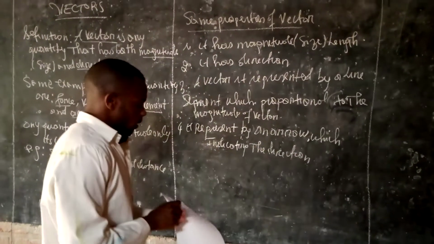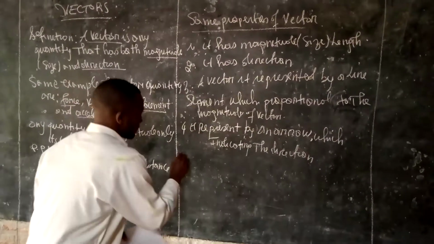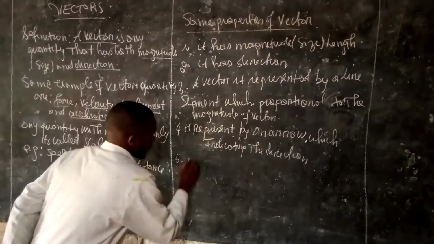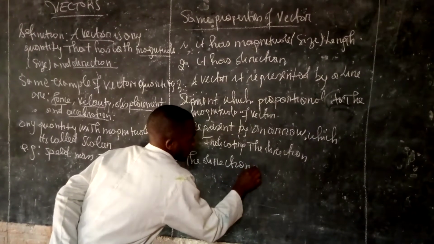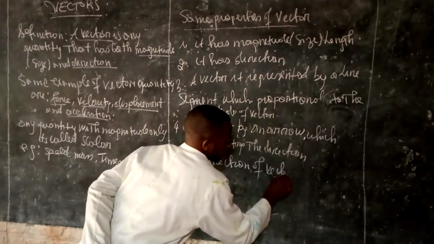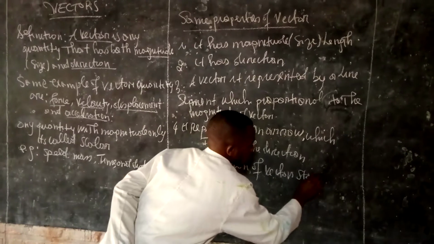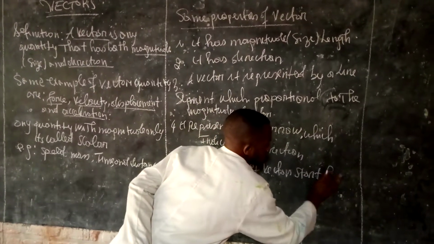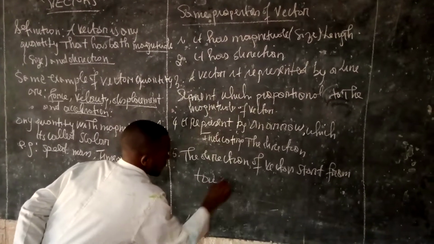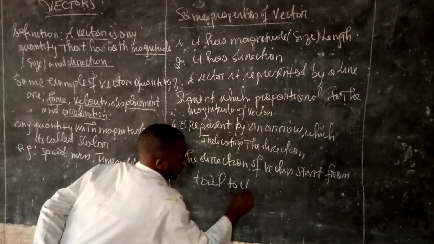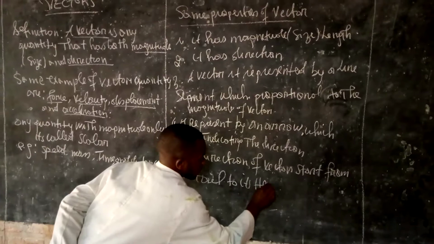So now, another property of vector: the direction of a vector starts from tail to its head.